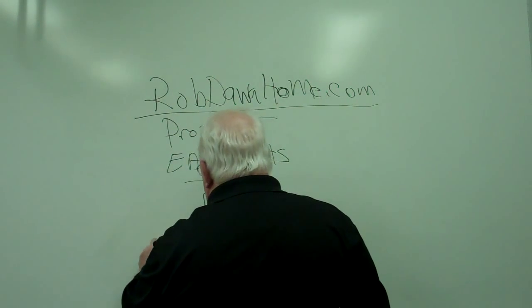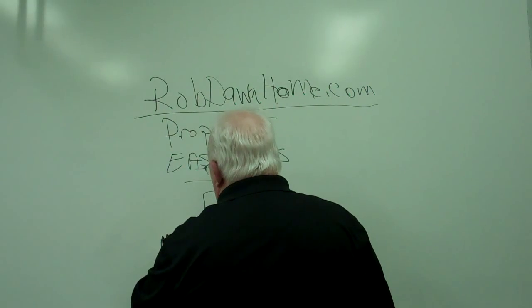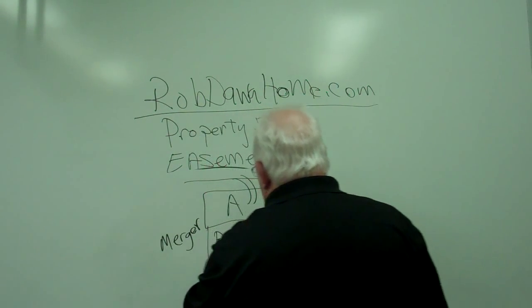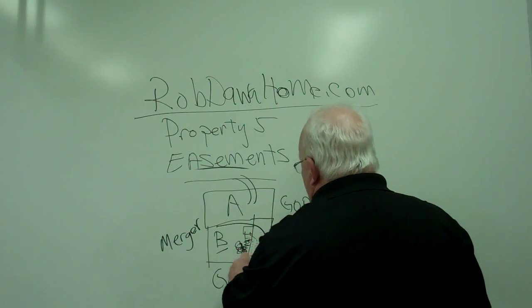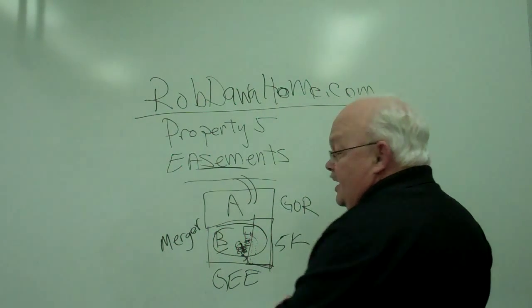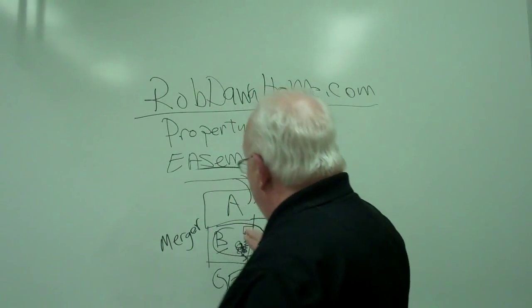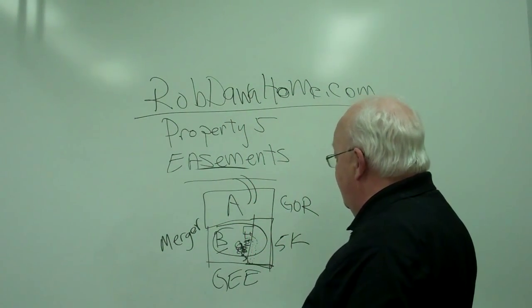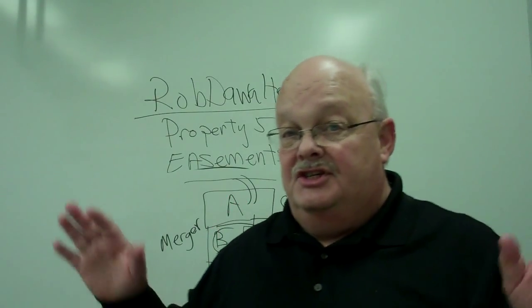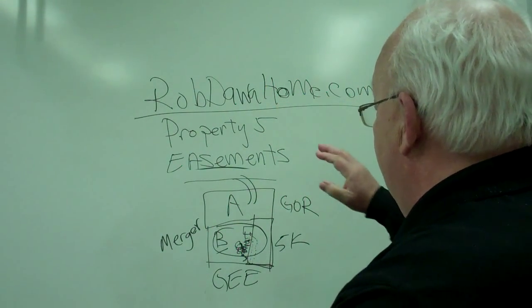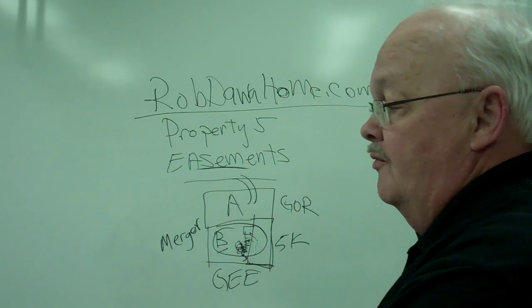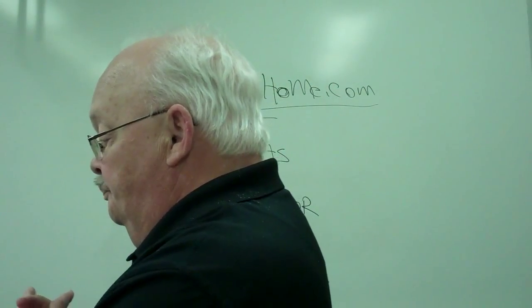Well, this is what we call merger then. Okay, so in other words, this guy, B, actually owns this whole thing now, okay? Well, when he bought the land, in other words, he now owns the appurtenant easement too. So that easement is just basically extinguished by the fact of merger, and it's all kind of gone in together, okay?